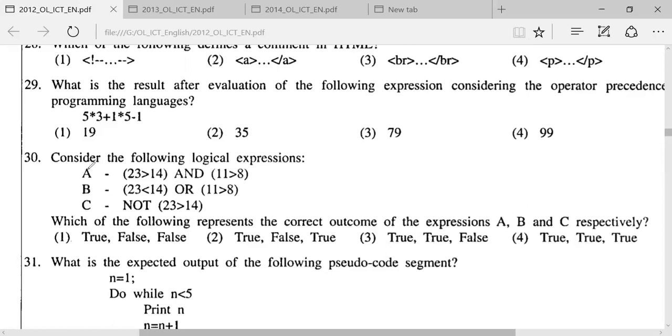So you have to consider the logical expressions one by one and find out the result. 23 greater than 14, which is true, and 11 greater than 8, that is also true. True and true. In an AND gate, true and true will result in true. So all are fine.